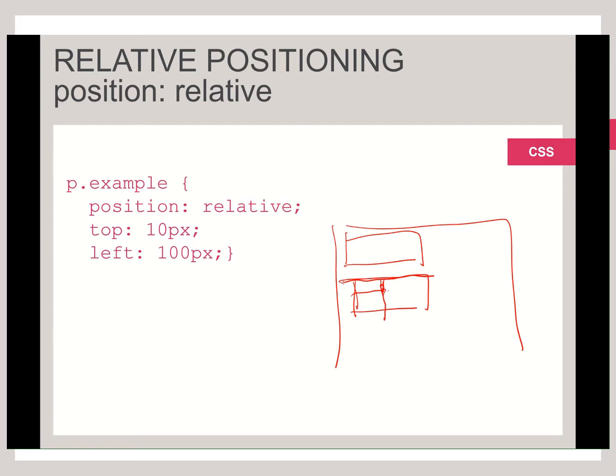So the box will be drawn in this location. That means shifted to the right 100 pixels, and shifted down 10 pixels, because this is like the opposite, correct? That means, where is the new location of the top left corner? To the top is 10 pixels, to the left is 100 pixels. This is 100, this is 10. Okay, so that's the idea.